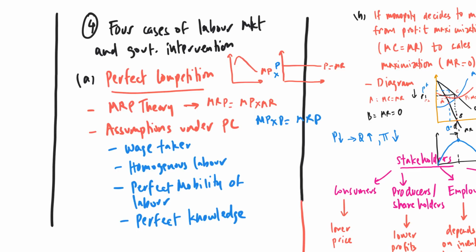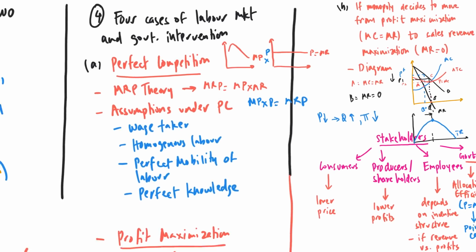We explain the idea that the demand curve in perfect competition is the MRP, and talk about why it is the MRP.